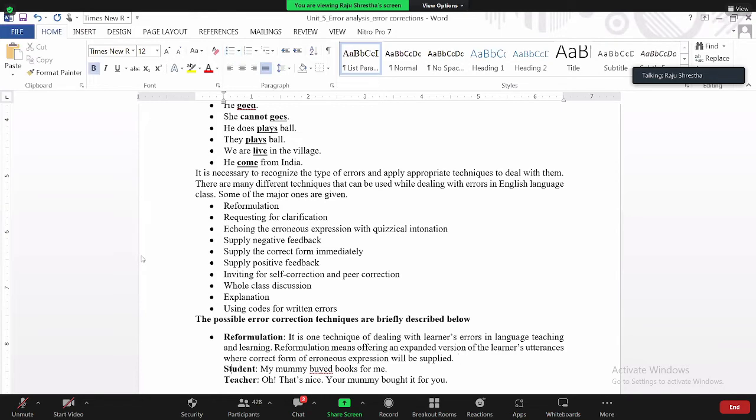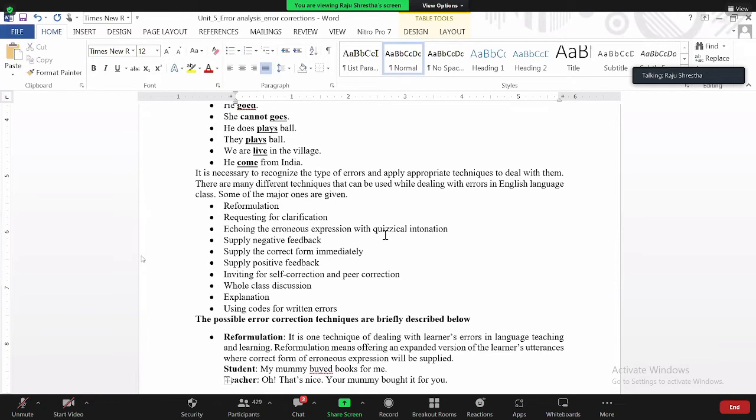Right, for example: "My mommy bought books for me. We go to market yesterday." This is a mistake. Here the teacher says, "Oh, that's nice. Your mommy bought it for you." This is reformulation. The teacher reformulates.